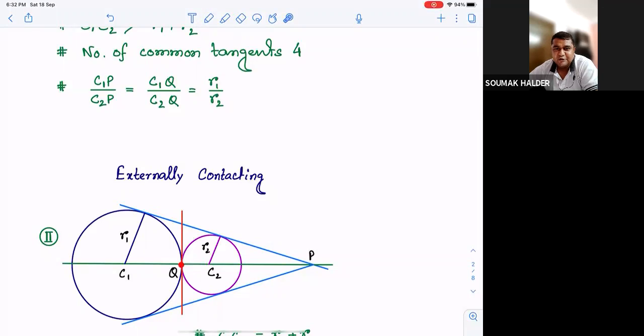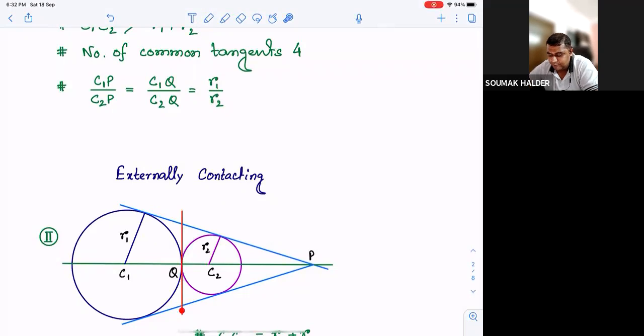So not just the ratio, but the distances are also exactly R1 and R2 respectively. Okay. So this is the lone common tangent which is appearing in the transverse form, but this is not transverse anymore because the contact point is not on either side of center joining line.